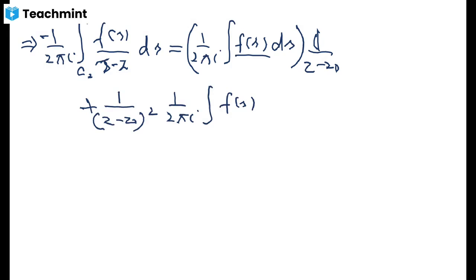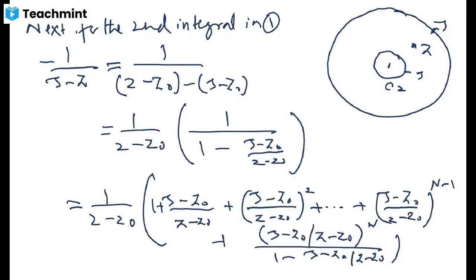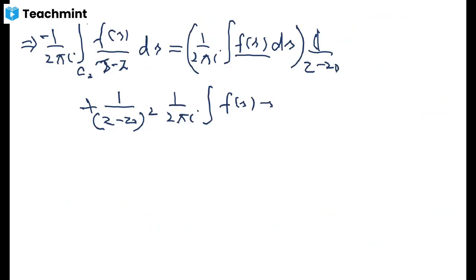Here you are taking out z minus z naught as a power 2, because another term comes from outside. But now zeta minus z naught is in the numerator. Here you have zeta minus z naught being multiplied into d zeta, plus so on.